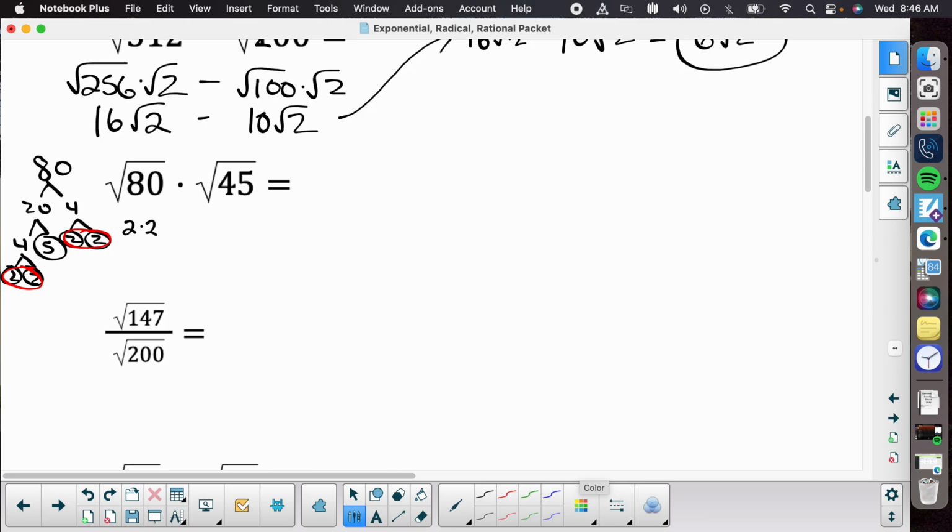Any number that's not a pair is written on the inside. So this one turns into 4 square root 5. So either method absolutely works.